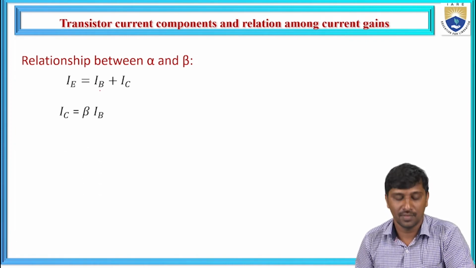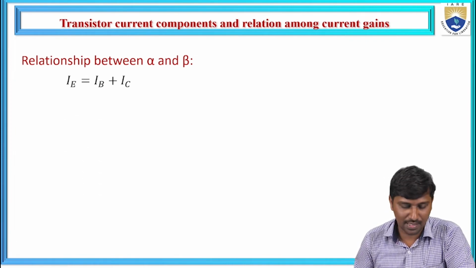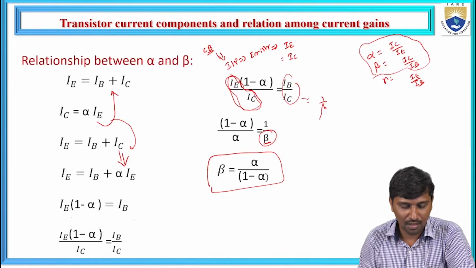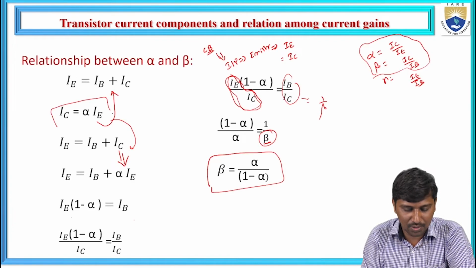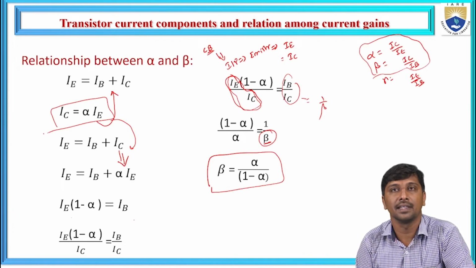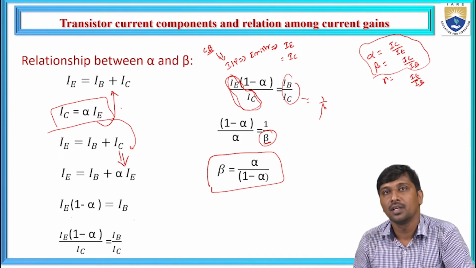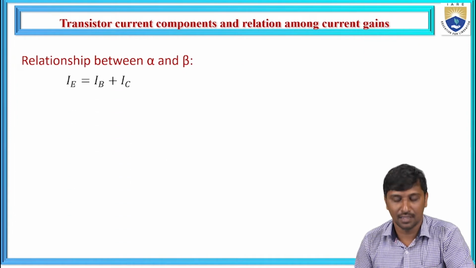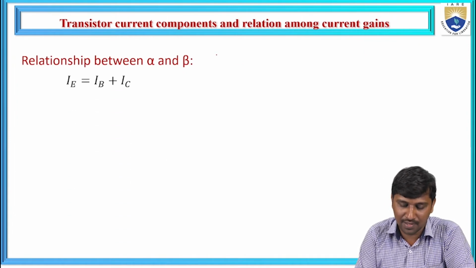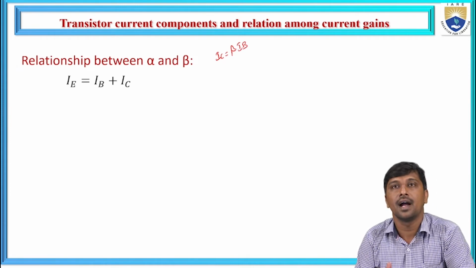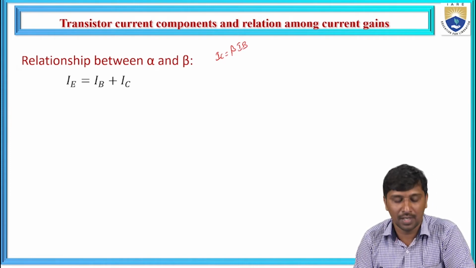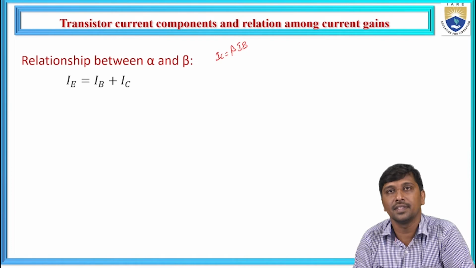In the previous case, we assumed IC is equal to alpha times IE, which is taken for the common base configuration. If I consider the common emitter configuration, we know that IC is equal to beta times IB. So with that I'm going to write alpha in terms of beta.